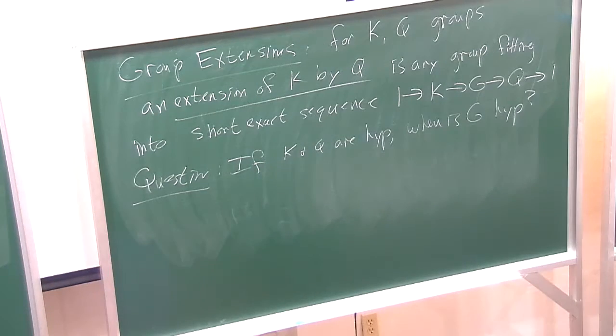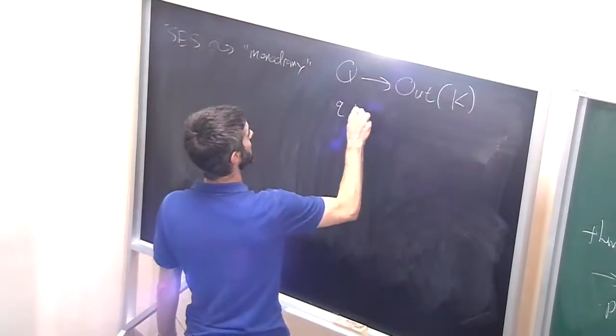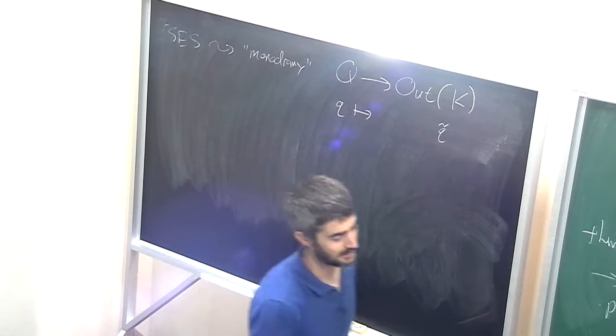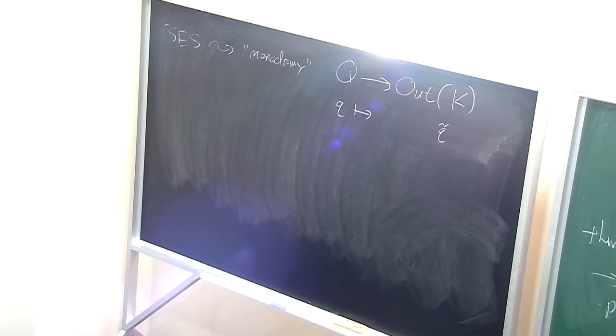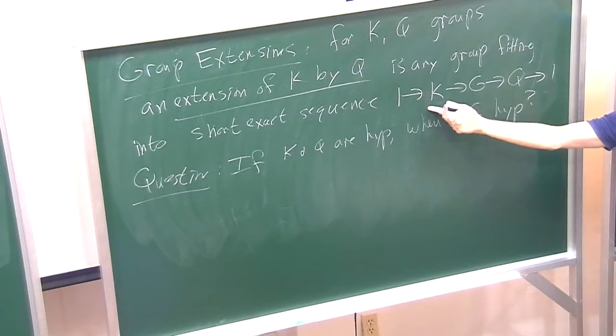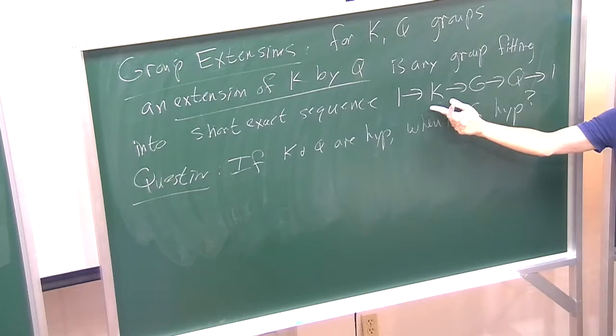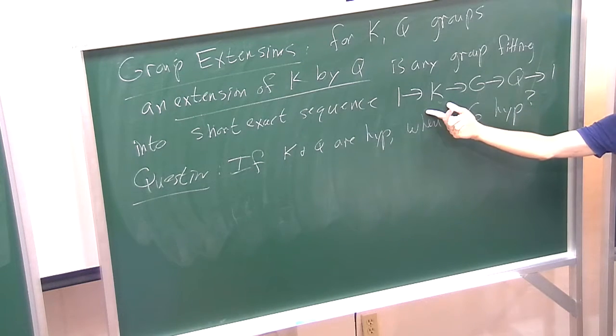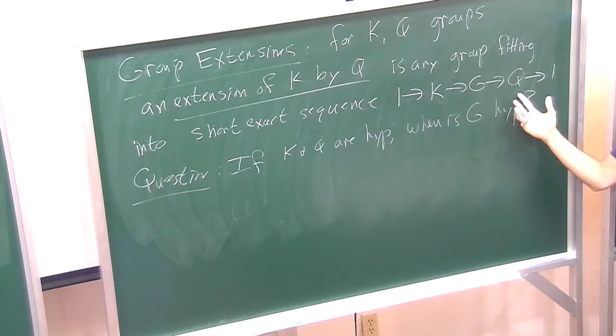So I pick something that maps onto Q, and then notice I now have this nice element in G. And K is a normal subgroup of G. So that means if I conjugate by anything in G, it sends K to itself, defining some automorphism of K. So if I take Q, I lift, and then I conjugate, I'm getting an automorphism of K. You can check that it depends on which lift you took.